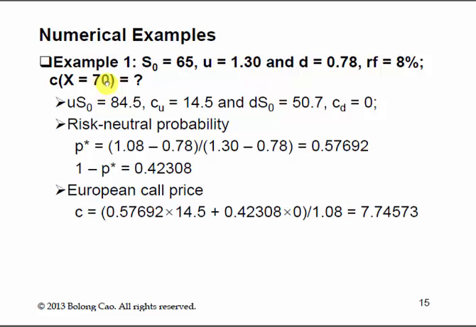The strike is $70, which means the payoff to the call option in the upstate is 84.5 minus 70, we have 14.5. This is the call option in the upstate.